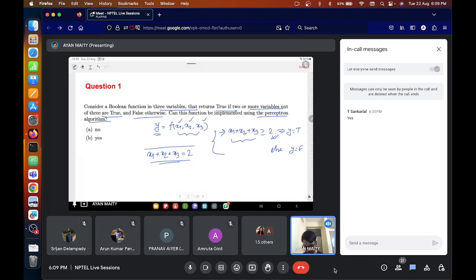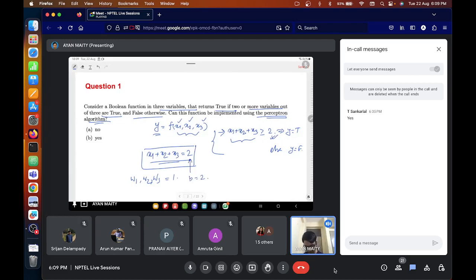This decision boundary can easily be implemented using the perceptron learning algorithm. Basically the weights w1, w2, w3 are all set to 1, and the constant term b is 2.